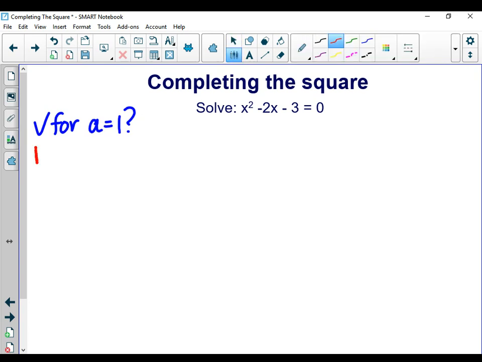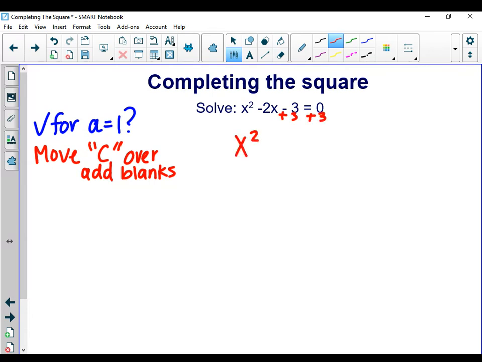Next step, move your C value over, and then we're going to add blanks. Okay? So what I mean by that is I'm going to move my C value over, and I'm going to add a blank on each side.